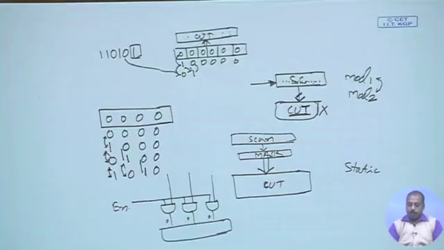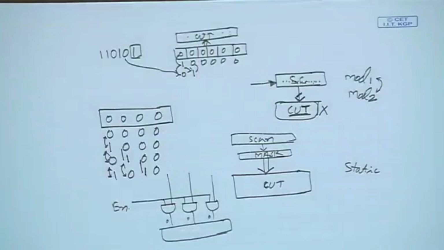Now, this static power may not be the minimum when the input pattern is 0 0 0. Depending upon the circuit, we can have a different input pattern that will reduce this static power. So, it is possible that we put the circuit inputs in some particular value.